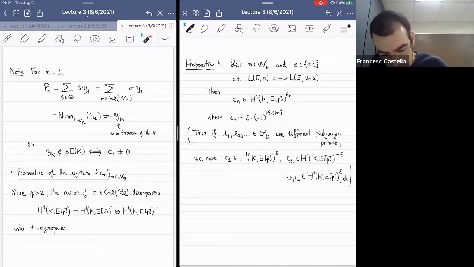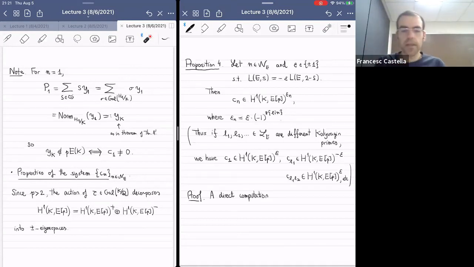So I'm basically going to say very little. This is just a direct computation, but let me tell you what the key point is. The key point is the following two facts. One is that this class C_n has been constructed starting from the Heegner point of conductor n, and this one we know how it behaves with respect to tau.